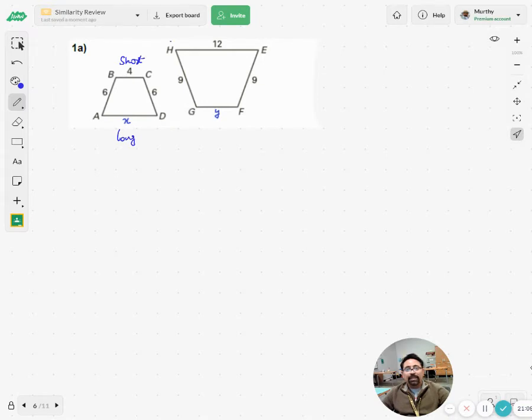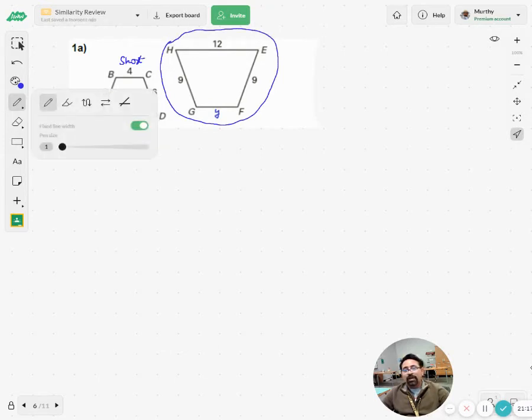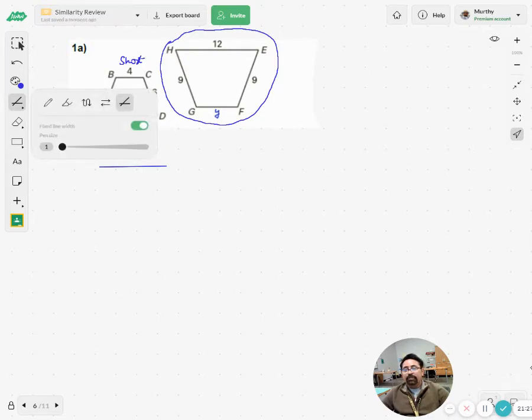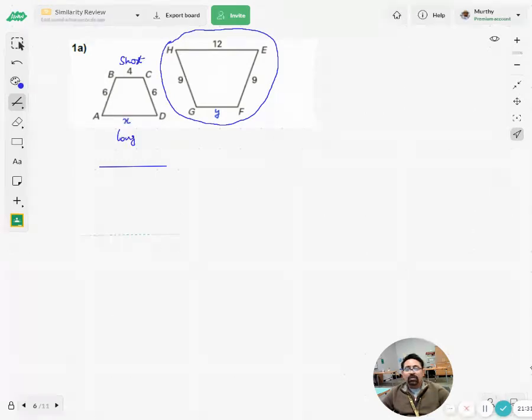So the other diagram also I may have to rotate and draw again. So let me draw it again. This is my shortest side. Let me increase the thickness. And this is my longest side. Technically, I'm drawing once again the given diagram.